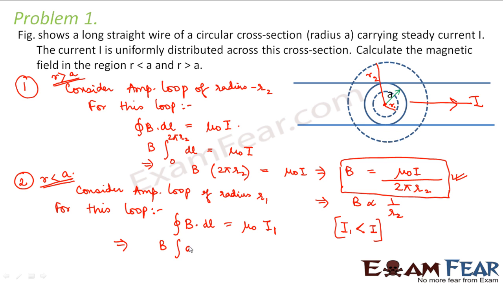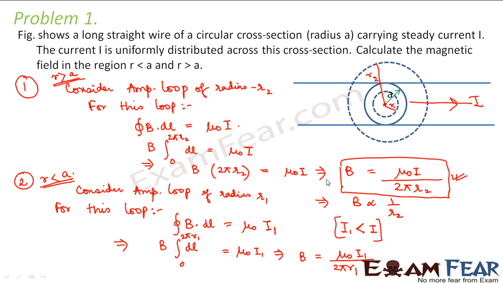Now B into integration of dl from 0 to 2 pi R1 is equal to mu naught I1. From this we can say that B is equal to mu naught I1 divided by 2 pi R1. We will get the value of B if we are able to calculate the value of I1.